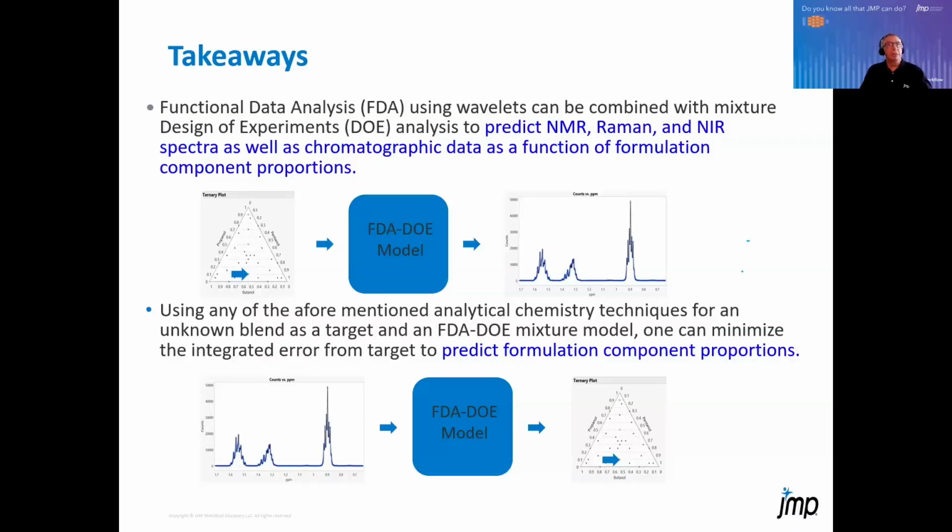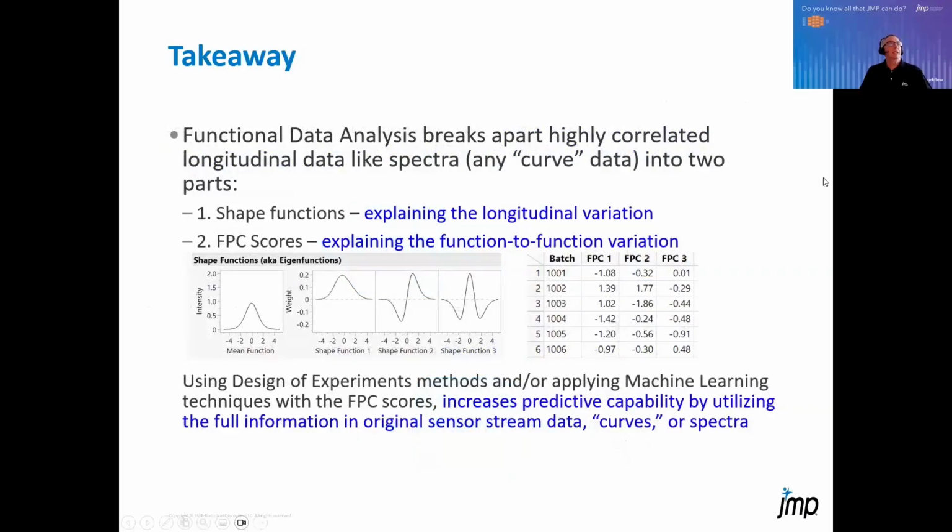And then there's one more takeaway. Functional data analysis breaks apart highly correlated longitudinal data like spectra, any curve data, into two parts. And we've talked about this: the shape functions explaining the longitudinal variation, and the FPC scores, which explain that function to function variation.